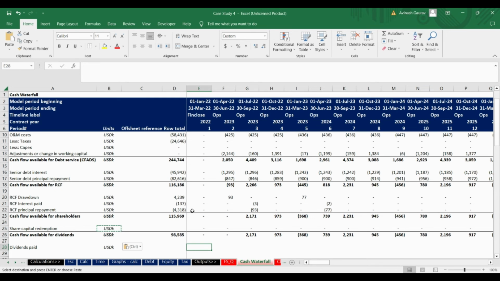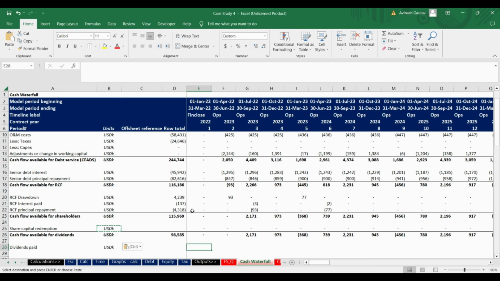Dividends paid is generally a complex concept, and if you want to calculate it correctly and according to what happens in real life in the companies where you work, it's a really complex thing, but we have covered this in our models. If you subscribe to our course, you can learn these concepts.